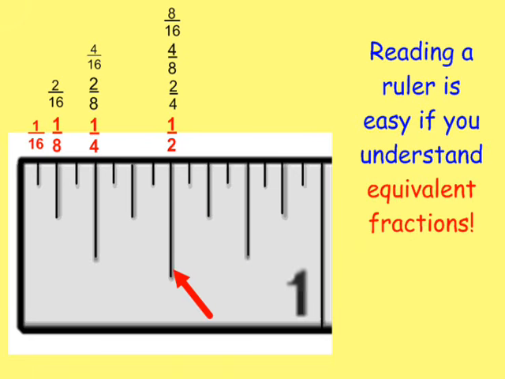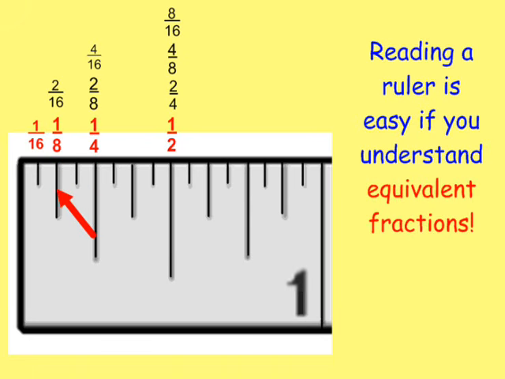So the largest of these lines here is your 1/2 inch. The next largest, here and here, are your 1/4 inch. So this would be 1/4, this is 2/4, that's 3/4. Now remember, 2/4 is the same as 1/2. The next largest lines, here, here, here, and here, are your 1/8 inch marks.